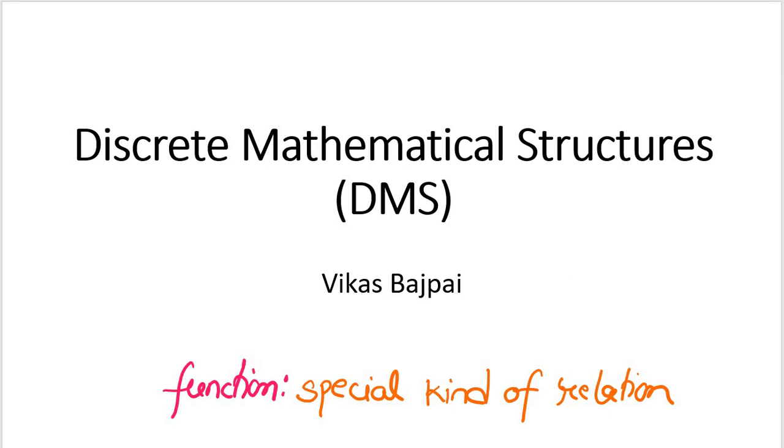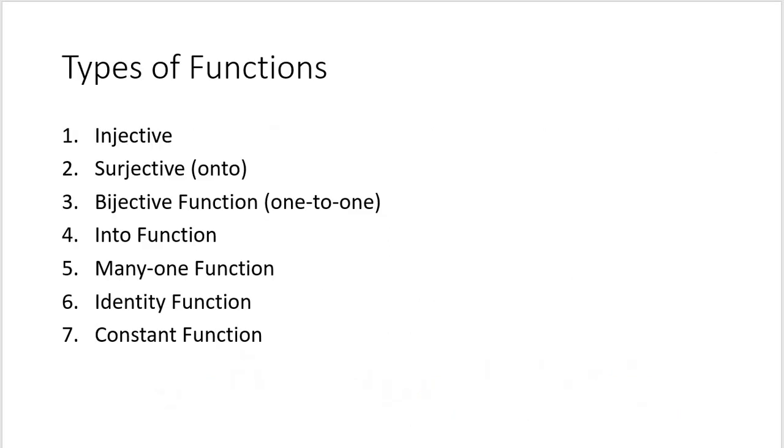So then we looked into the classification of functions, where we said that broadly it is classified into algebraic and transcendental functions. And in today's discussion we are going to talk about the types of functions. So we are going to look into what basically the injective is, what basically the surjective is, or it is also called onto functions.